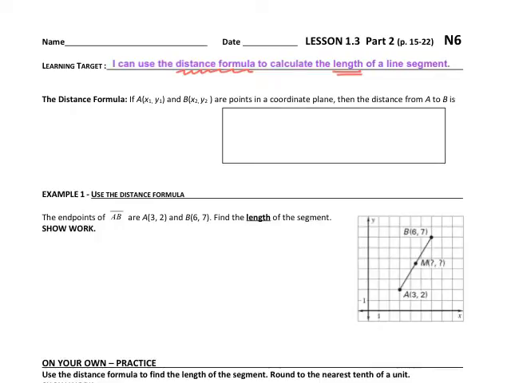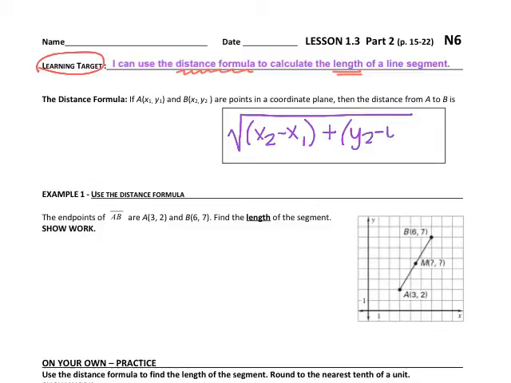If you haven't gotten yourself a pencil yet, go ahead and do that and write in your learning target. I'm going to write in the distance formula in the box here. The distance formula states: if A and B are points in a coordinate plane, then the distance from A to B is the square root of the difference of the x values squared plus the difference of the y values squared.